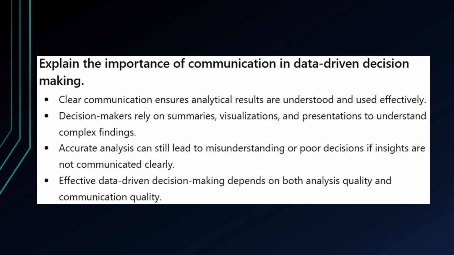If either side is weak, the decision process becomes weaker. Strong analysis with poor communication may not influence action, while polished communication with weak analysis can create a misleading sense of confidence.